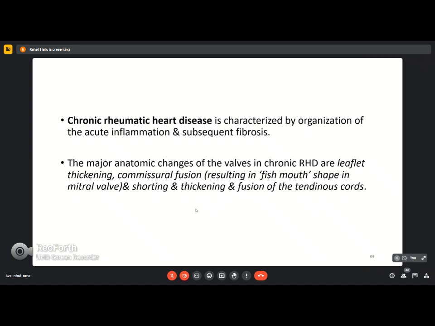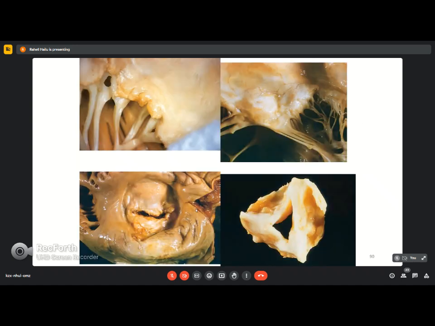And the hemodynamic abnormalities that come from the valvular lesions are basically the manifestation of rheumatic heart disease. And in our patients, particularly in pediatric patients, it is one of the commonest causes of congestive heart failure. Okay.